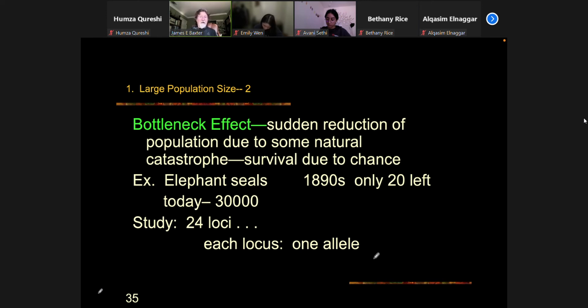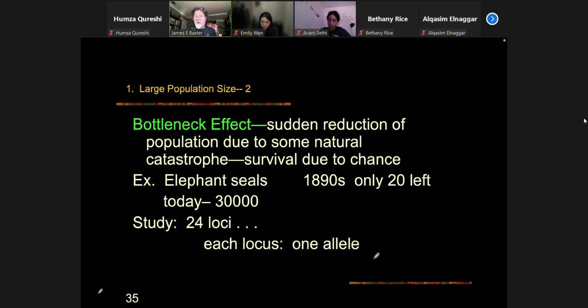Okay, so this is one example of a bottleneck. I can give some other examples of bottlenecks. For example, cheetahs in Africa. We know that sometime in the past, they must have gone through a severe bottleneck because, compared to other African cats such as lions and so forth, they have reduced genetic variability at many loci.